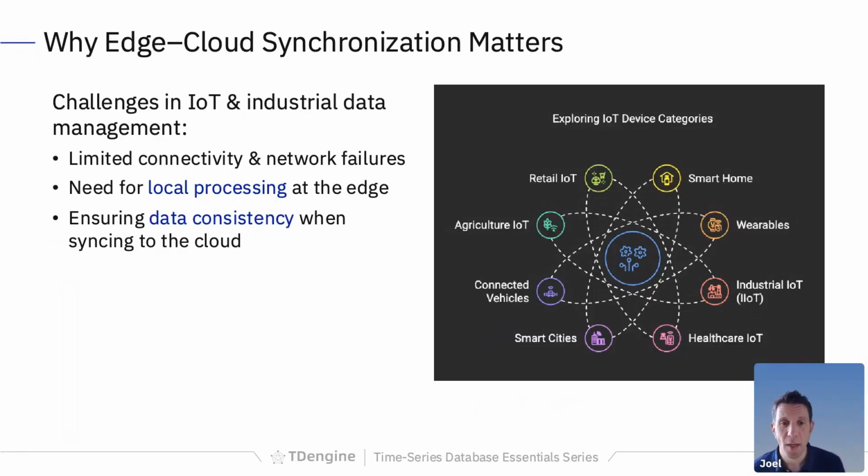There's also local processing that will happen on the edge where the device is, because it's easier to process the data on the device. And we need to ensure data consistency when that data is pushed to a centralized cloud or location for additional analysis and storage.